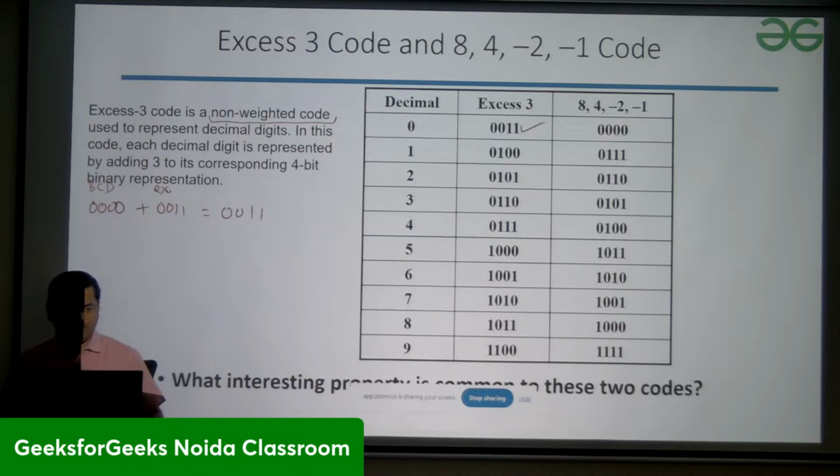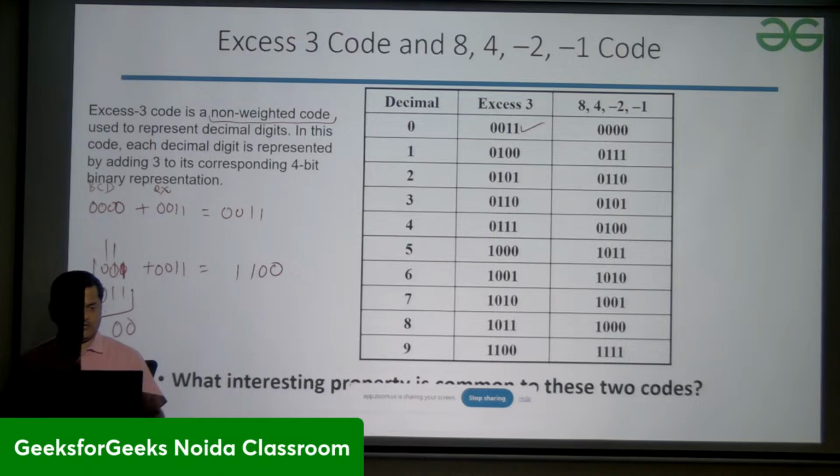Let's say we have 9, 1001, is added with 0011, and that is going to be 0, 0, 1, 1. Just add this value 0, 0, 1, 1. And here you can see 1 and 1 is 0, carry is there. So 1 and 1 is again 0 over here.